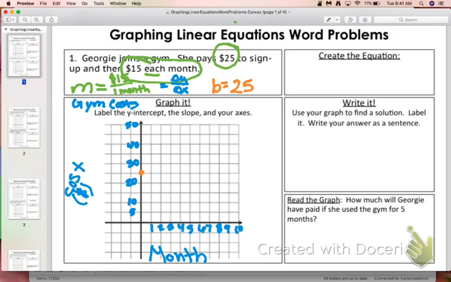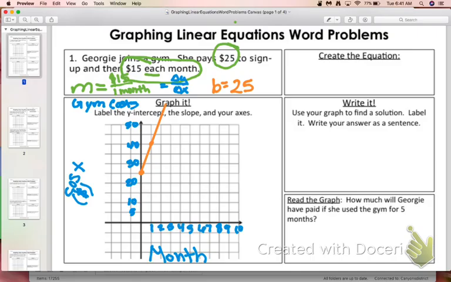So I'm going to end up paying $40. And then I can make my line off of that, and I can see that it's going up rather steeply. So maybe my intervals on the y-axis isn't quite right, but live and learn.